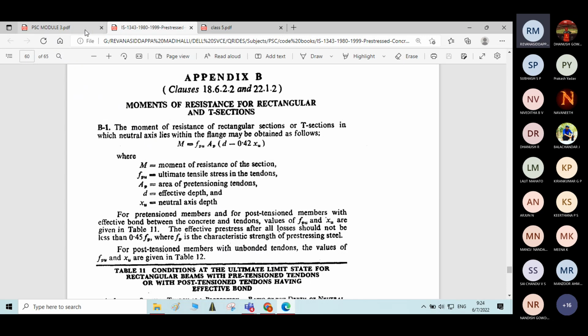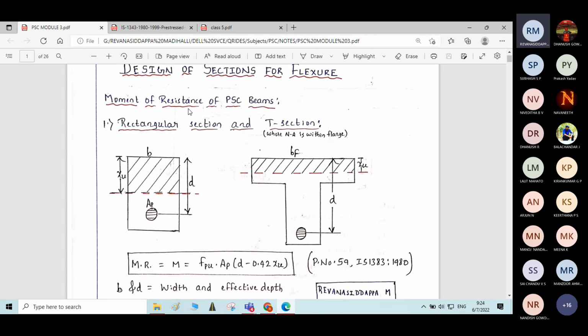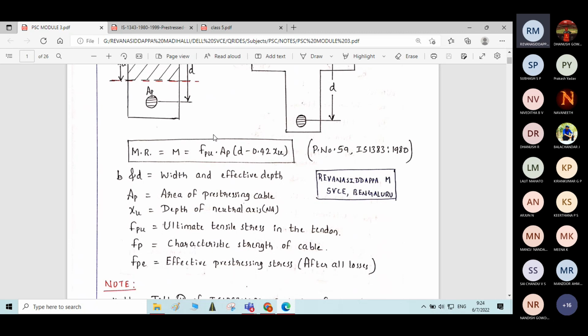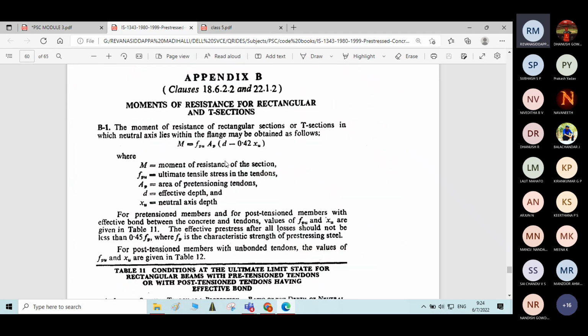Now I'll explain the procedure of finding the moment of resistance of a rectangular beam or a T beam. To find this moment of resistance, a formula is given in the IS 1343 code book on page number 59. Let me show that here.